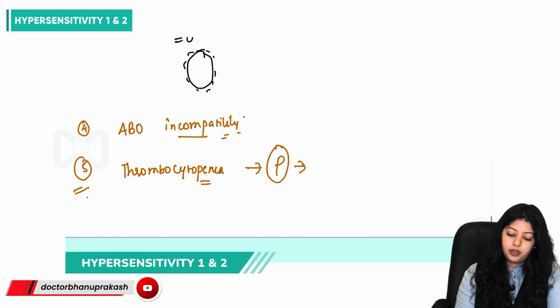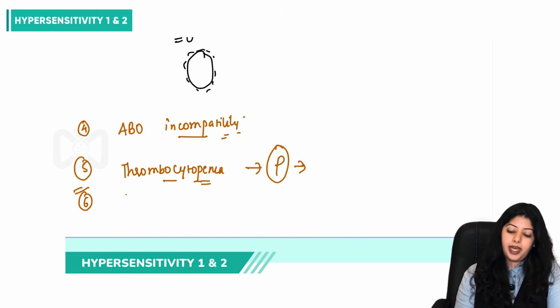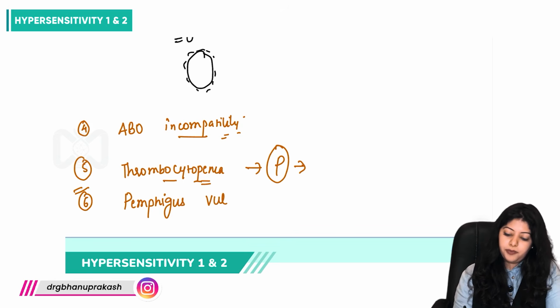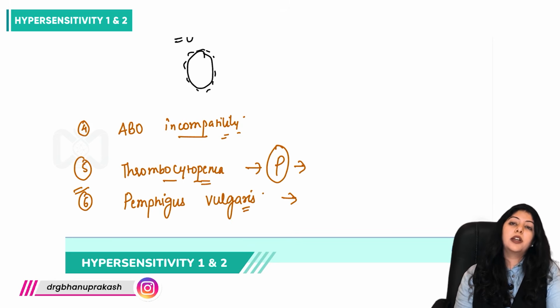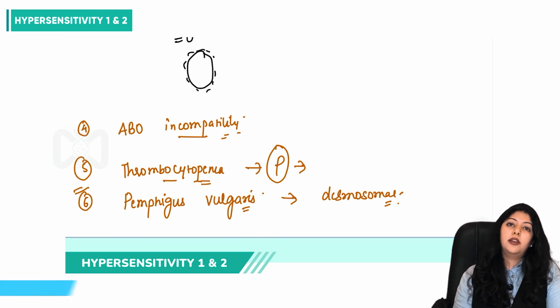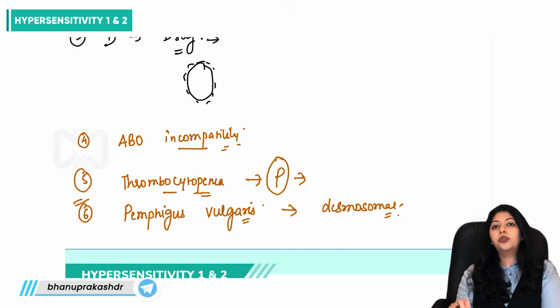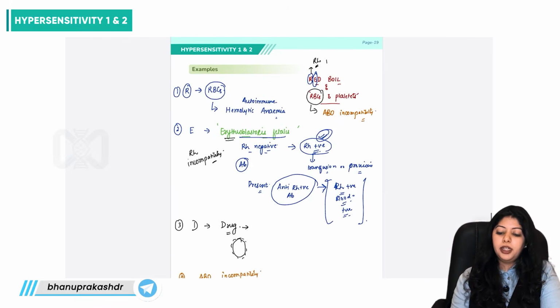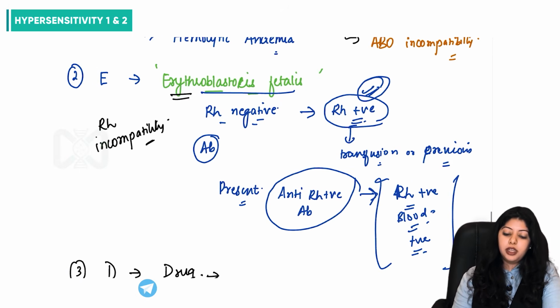And then we can also have pemphigus vulgaris, where antibodies are formed against desmosomal junctions, right, leading to destruction of those tight junctions, right? So these are the examples of the complement dependent type 2 hypersensitivity reactions.